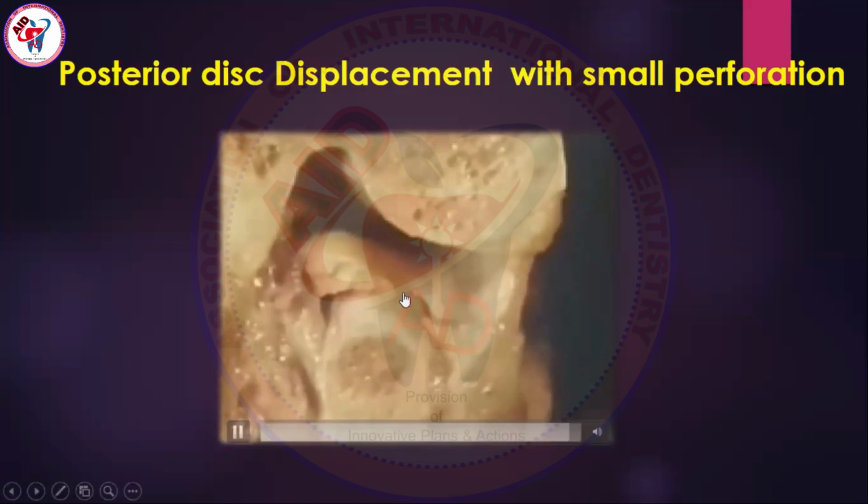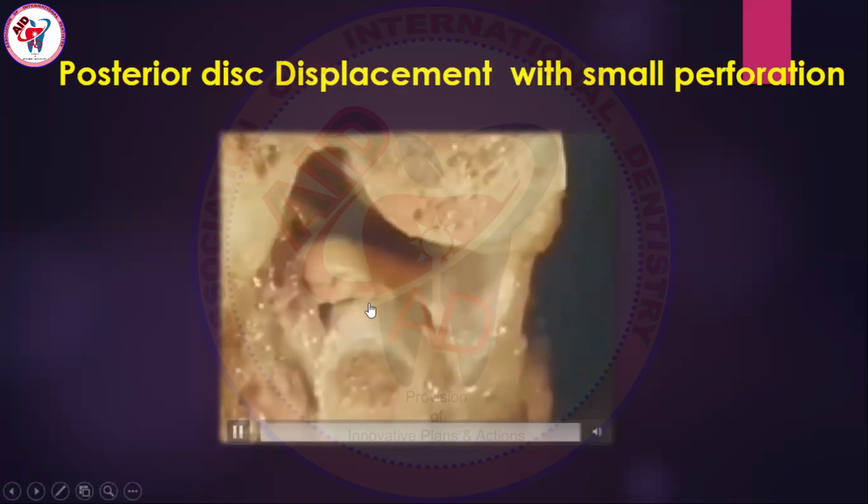It is the perforation right here. You see the disc is there, anterior and posterior portion, but there is the perforation. This is the small perforation. This is posterior disc displacement with small perforation, and that is very painful.